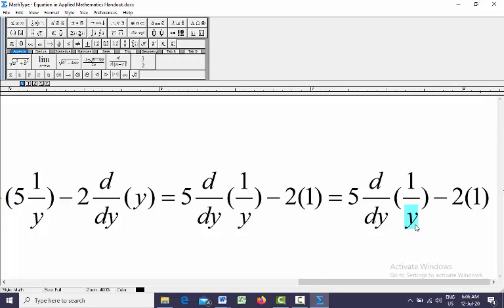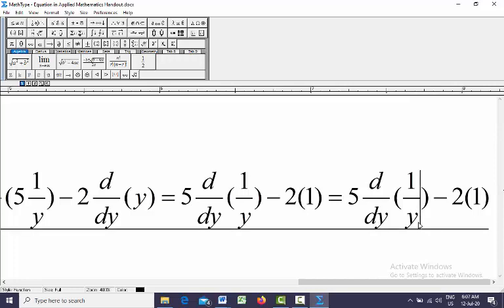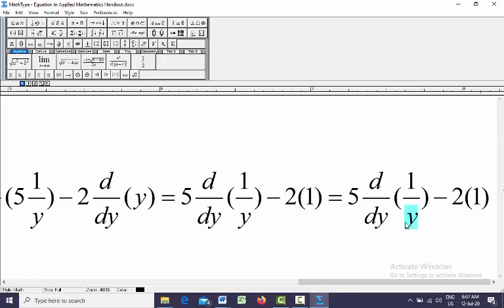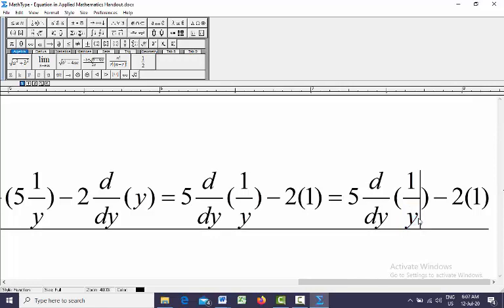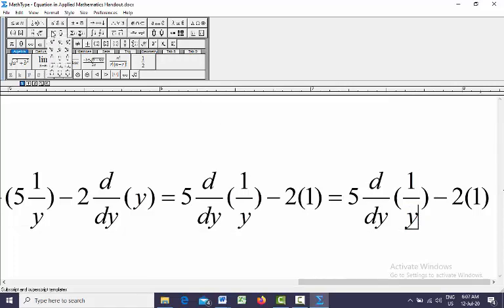So how do we do that? Always remember, here we do not have any power written, but there is actually a power. What is that power? That power is 1.